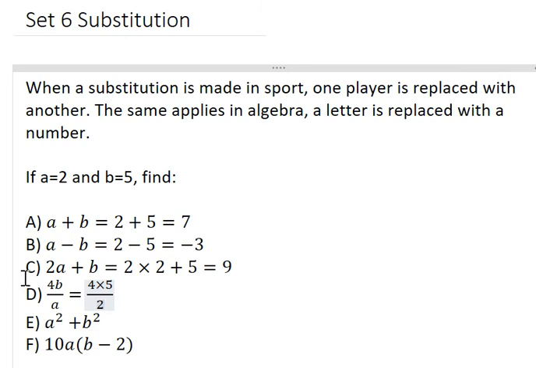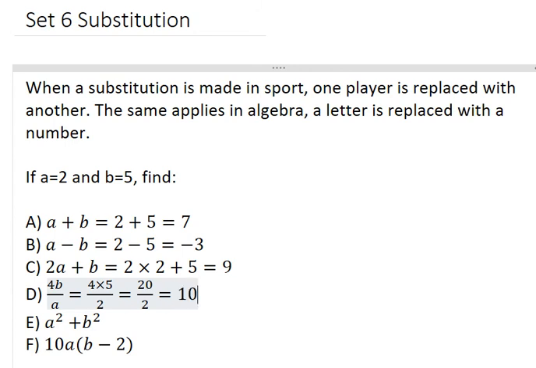So 4 lots of B became 4 lots of 5, and it was all divided by 2, so 2 goes on the bottom. So 4 lots of 5 is 20, and don't you just love typing maths? So 4 lots of 5 became 20 on the top, and on the bottom we have the number 2. Now 20 divided by 2 simplifies to the number 10.